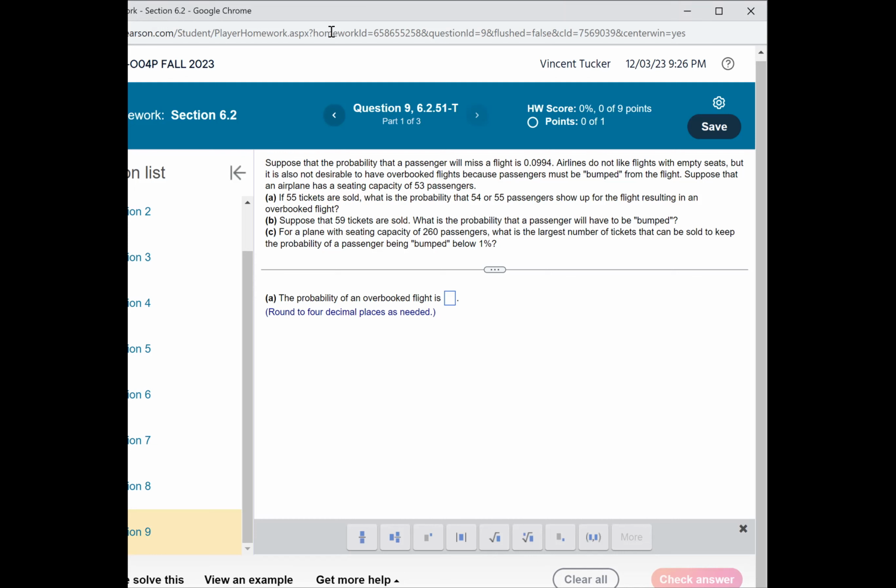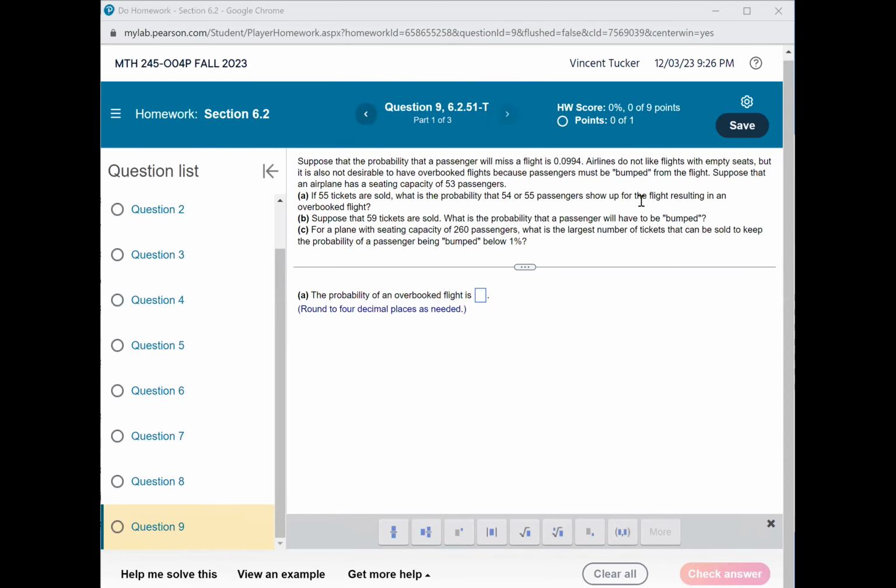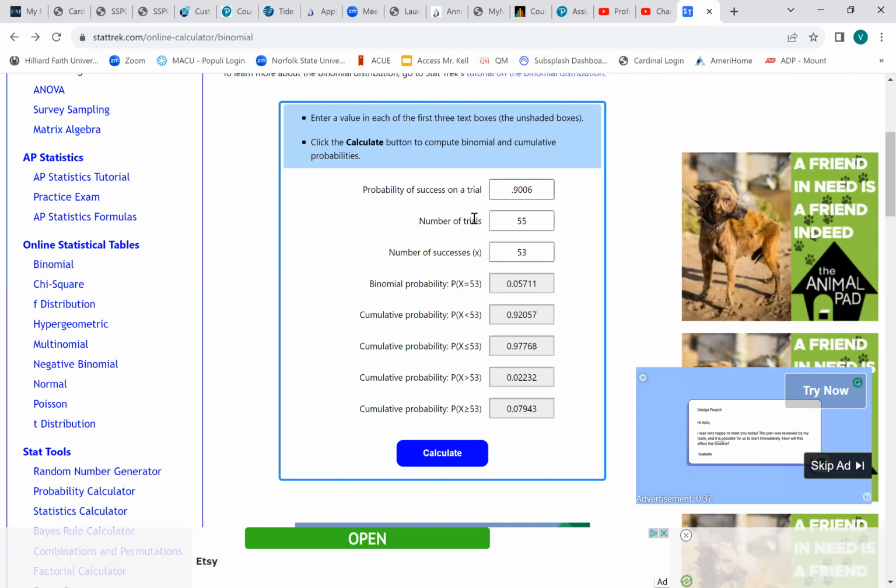Okay, so we have our probability of making the flight as 0.9006. We're selling 55 tickets. The seat capacity is 53, so the number of successes that we have totally is 53. What's the probability of getting 54, 55?